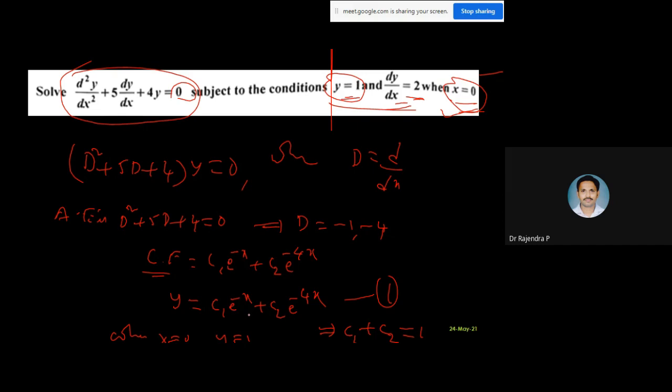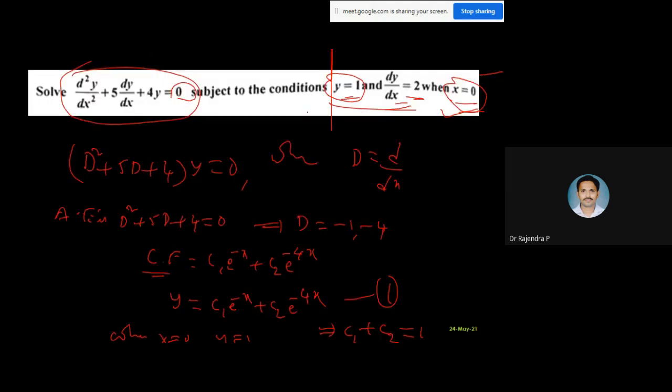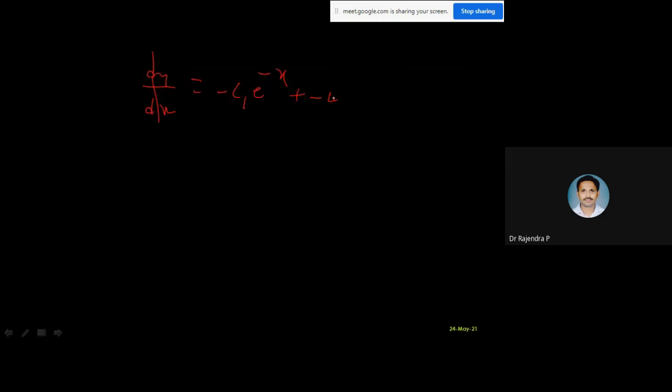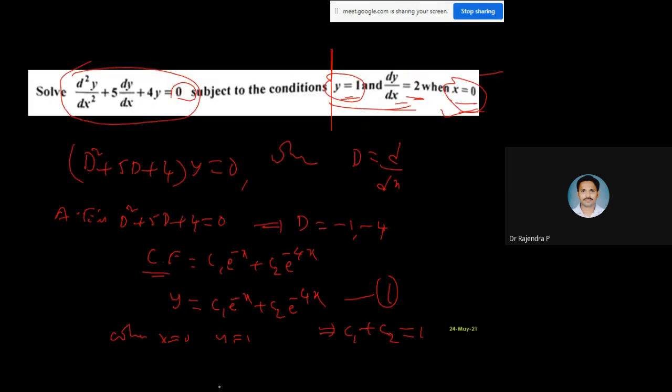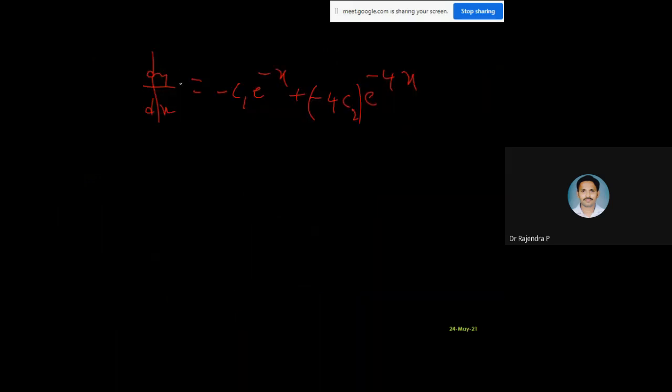So I write dy by dx equals minus c1 e power minus x plus minus 4 c2 into e power minus 4x. Now I got dy by dx.